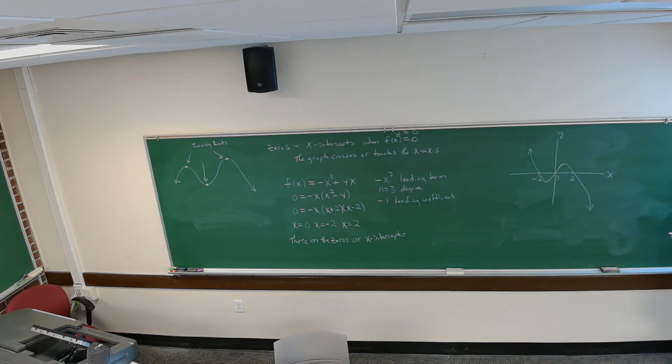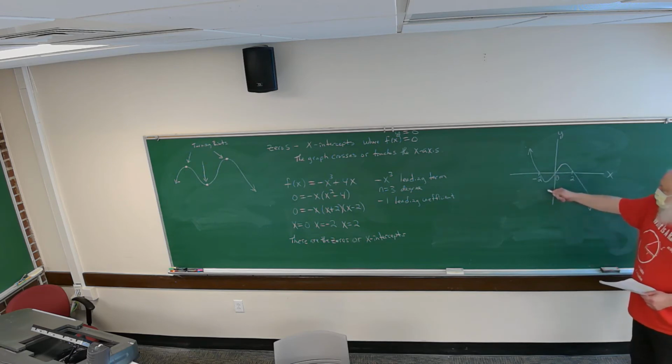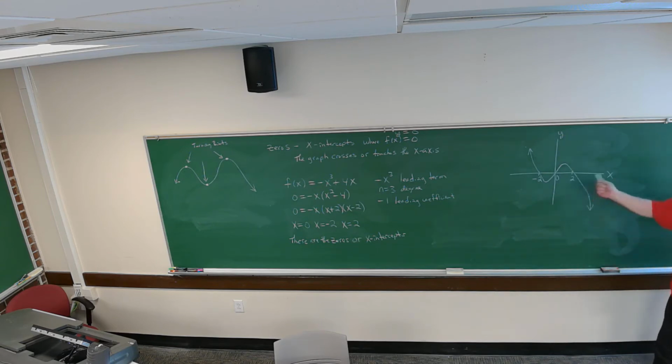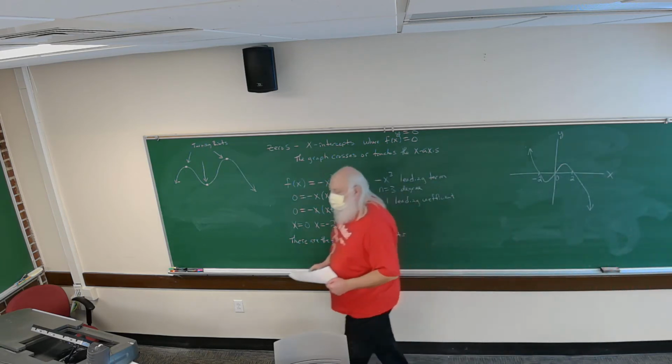So this is a rough sketch. It's not exact, but it's a rough sketch of the graph of this polynomial function. It goes up on the left end, goes down on the right end, and crosses the x-axis at -2, 0, and +2. Okay. Because those are the x-intercepts. Any questions on that?